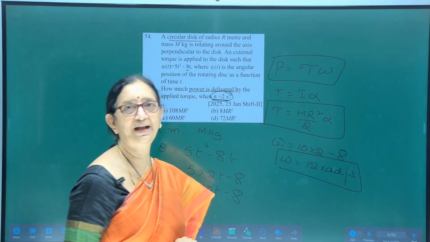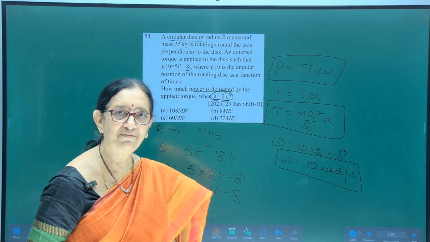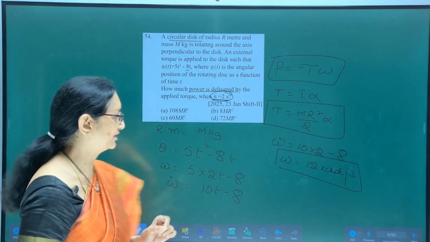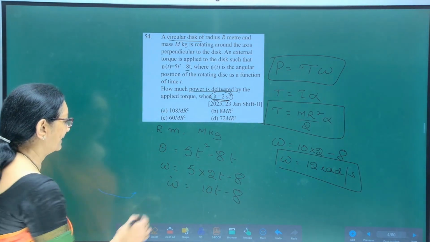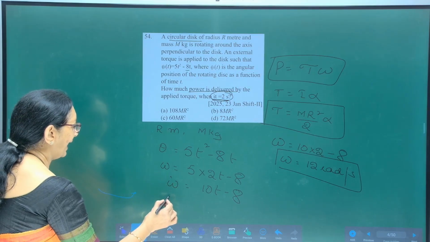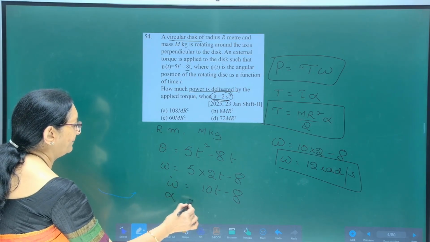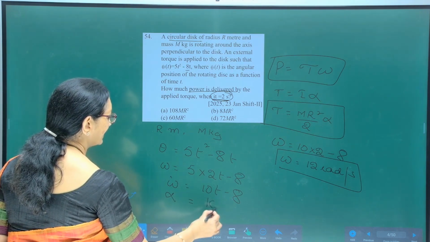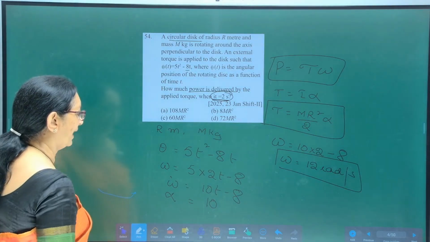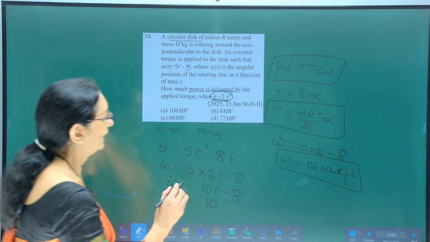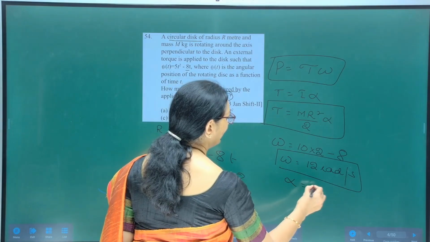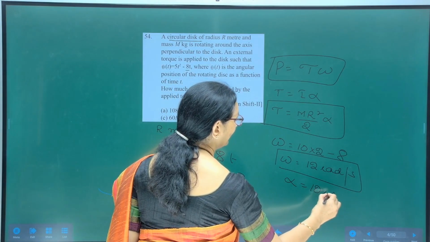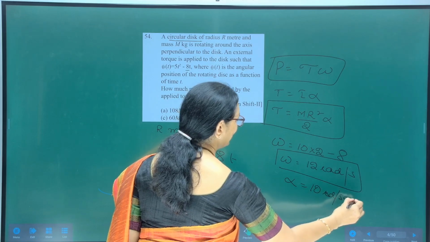Now, we need to find alpha, the angular acceleration. How do you get angular acceleration? By differentiating angular velocity with respect to time. The derivative of t is 1, so it is 10. Angular acceleration is 10 radian per second square.